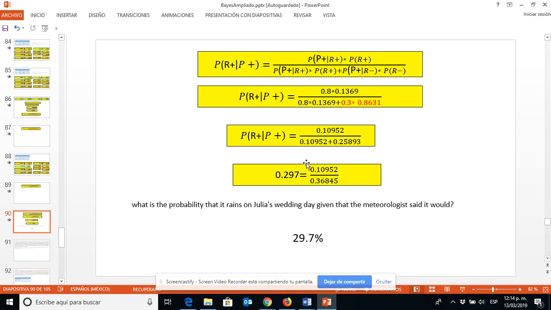Now we come to the result. What is the probability that it rains on Julia's wedding day given that the meteorologist said it would? Well, this is 29.7%.